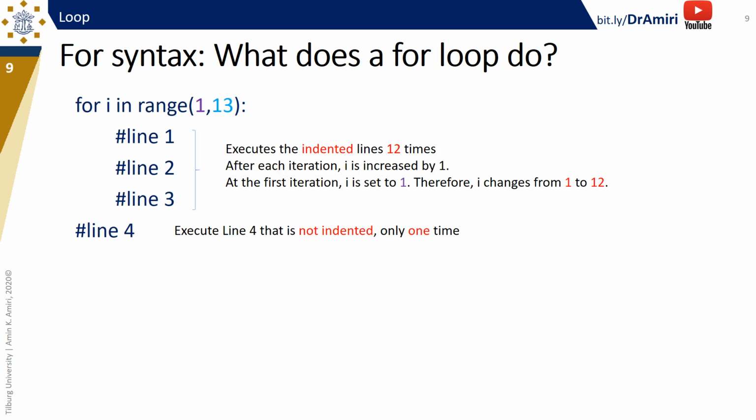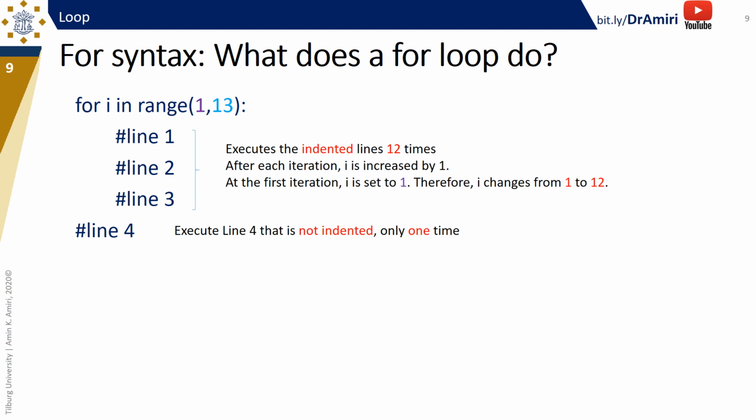But what does a for loop do? This for loop executes the indented lines 12 times. After each iteration, i is increased by 1. At the first iteration, i is set to 1, the first argument of the range function.